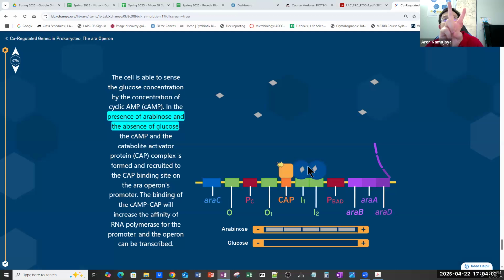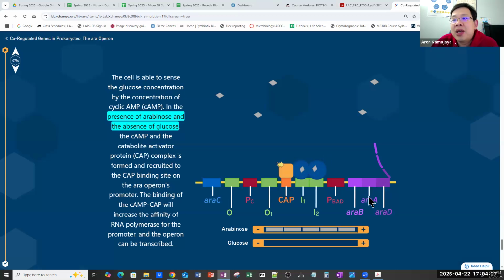Number one, it makes the RRC release the loop, so now the RNA polymerase can get closer there. Number two, it also helps to recruit RNA polymerase there. Therefore, this is why when you add arabinose, the operon is turned on. The gene expression happens, and therefore you get your red fluorescent protein.